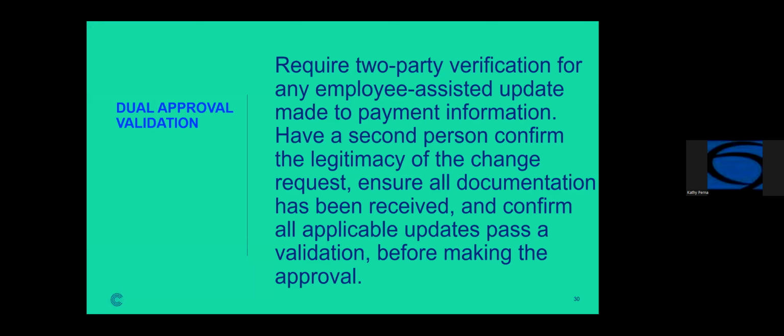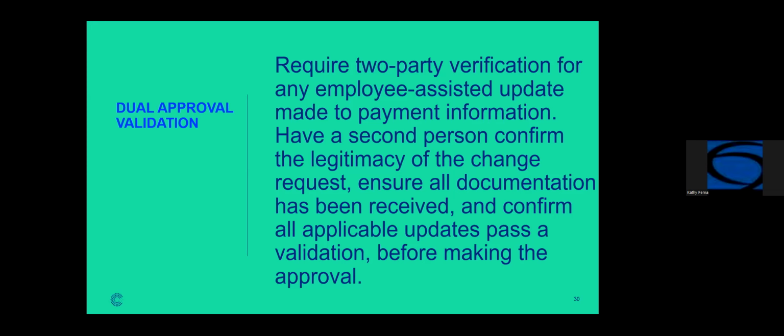The next item here is dual approval validation. This is more of an internal control that you would use. Here, you would require two-party verification for any employee-assisted update made to payment information. So having a second person confirm the legitimacy of the change request, ensuring all the documentation has been received, and confirming that all applicable updates pass the validation before making the approval. Like I said, this is an internal control.